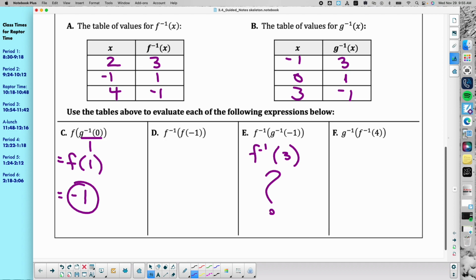If we had equations, if you had an equation for F and for G, how would we find F inverse of 3?